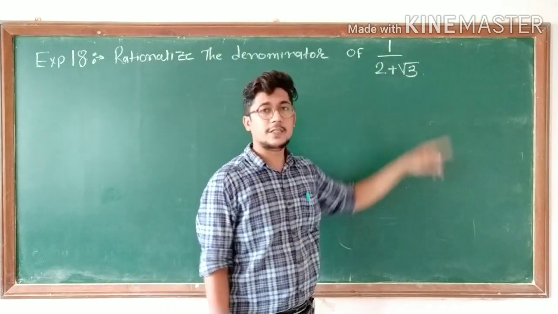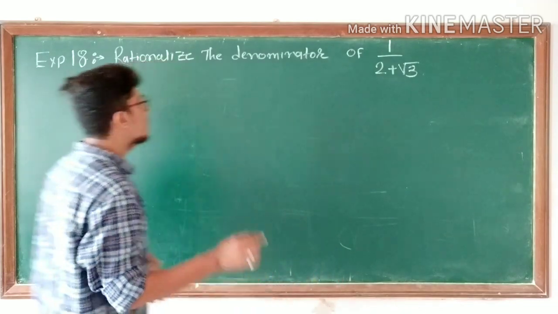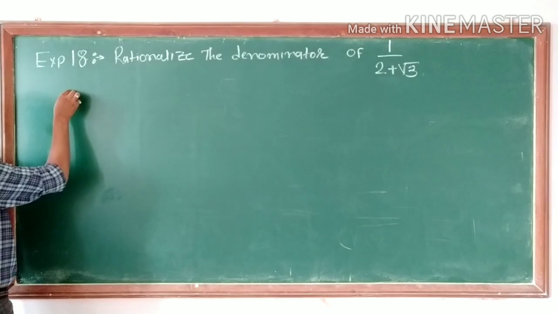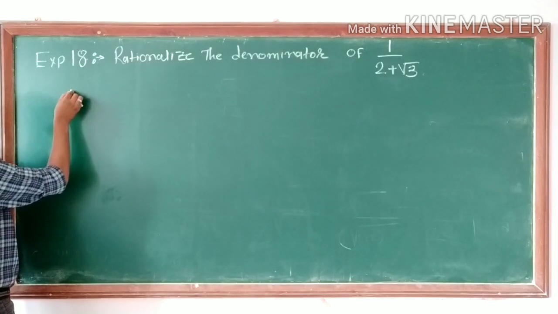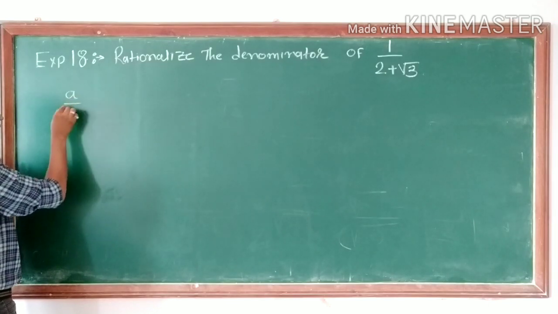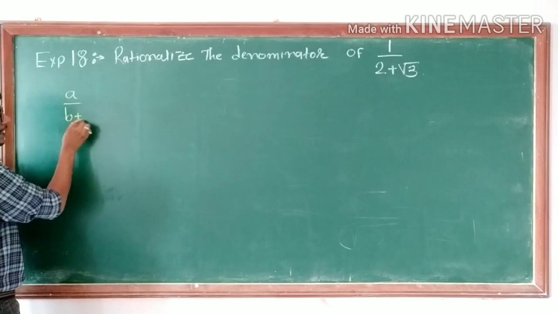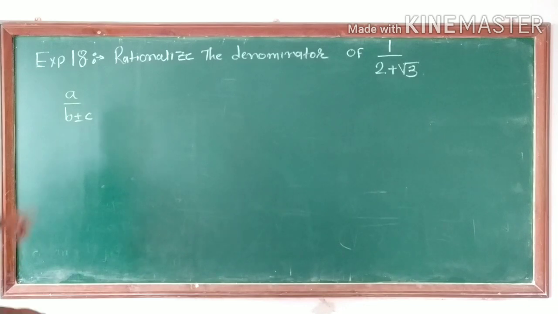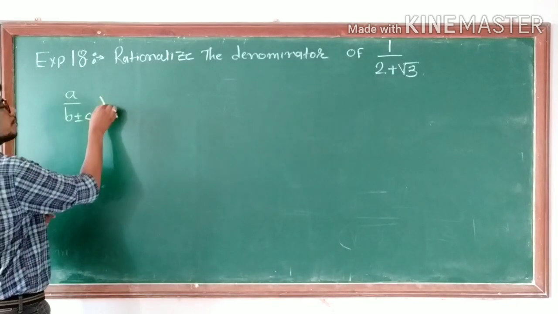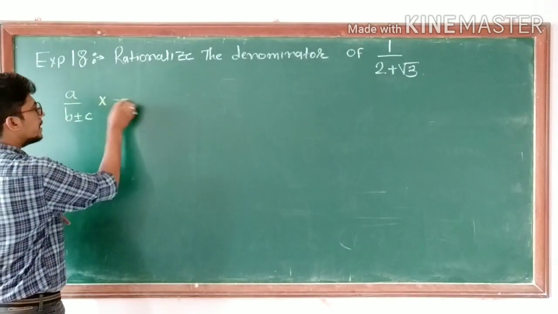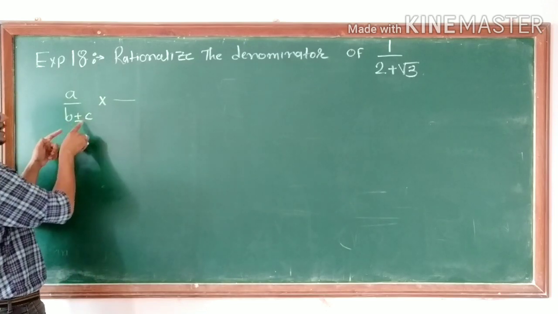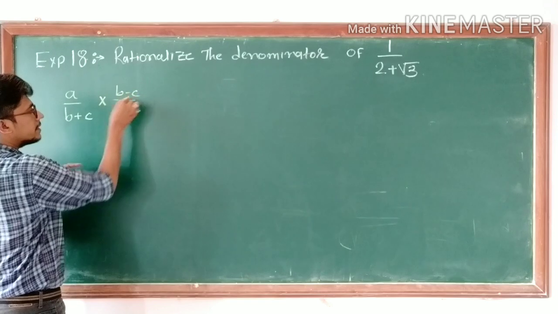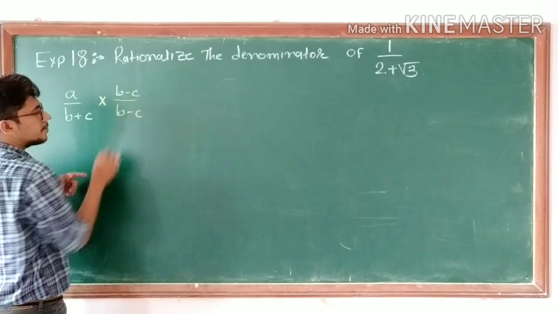We have to change this denominator into a rational number. We will see. Whenever you get an expression of the form a upon b plus or minus c, suppose it is plus or it is minus, then you have to multiply and divide with the conjugate: if b plus c is given, then you have to choose b minus c.